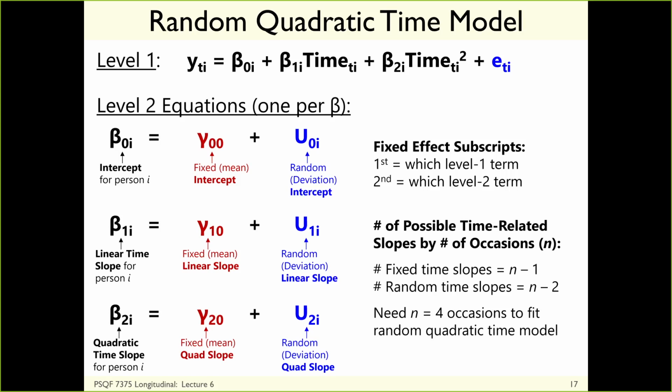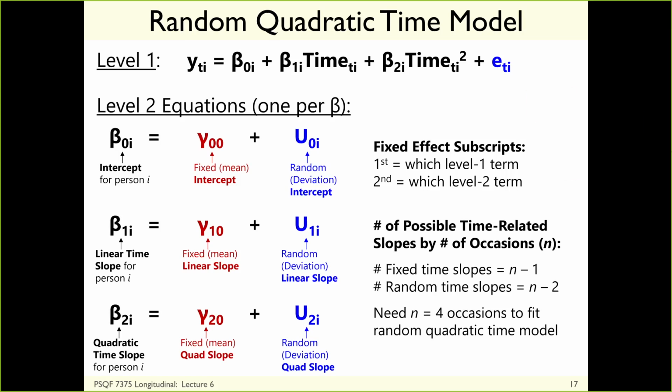So conceptually, U0, U1, and U2 are all the ways that people differ from each other in aspects of their growth trajectory. So if time 0 is at the beginning of my study, U0 represents initial differences. Why do some people start out higher than others? Well, I don't know. It has to be a person thing.